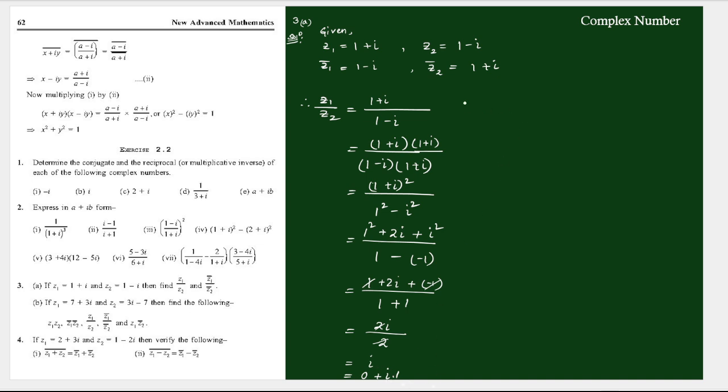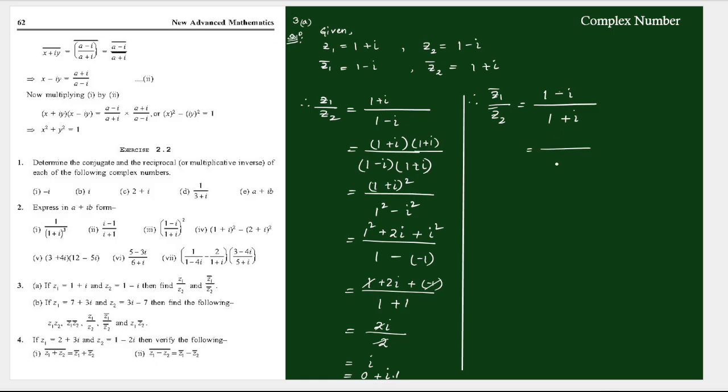So this is our a plus ib form. Now we will find out for conjugate of z1 and z2. Therefore z1 bar by z2 bar. Conjugate of z1 is 1 minus i, and conjugate of z2 is 1 plus i.